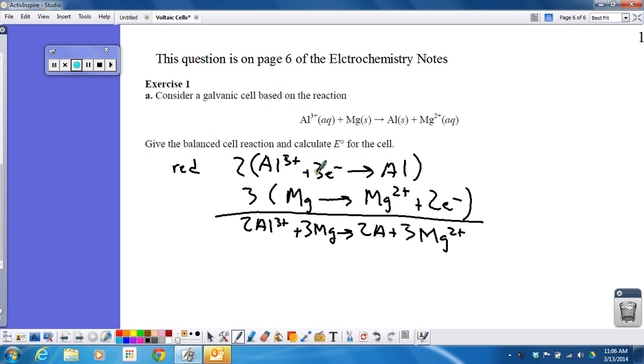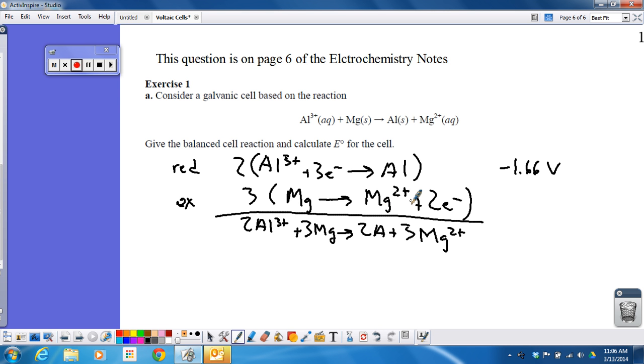The voltage that goes with that half reaction is negative 1.66 volts. Okay, then I want to get the cell potential for this half reaction. But you'll notice this is an oxidation half reaction. So it's magnesium yields magnesium 2+ plus 2e-.